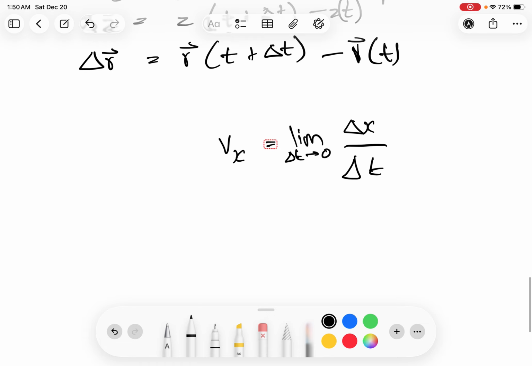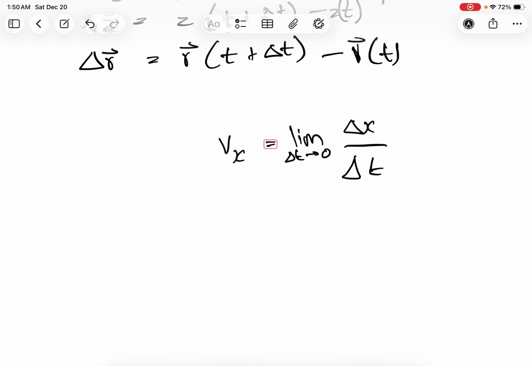So velocity is just the rate of change in position with respect to time, and acceleration is just the rate of change of velocity with respect to time.